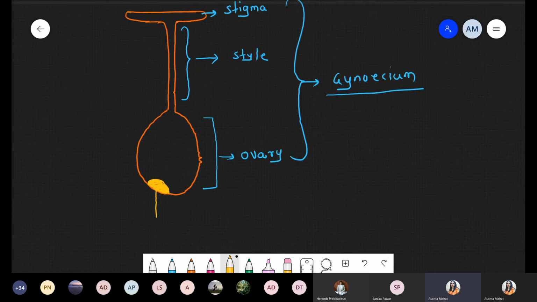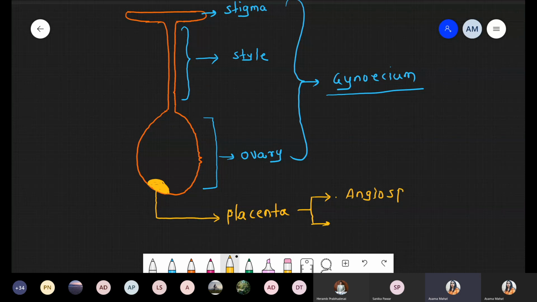This yellow color represents the structure of placenta. And remember this thing: placenta is present in case of angiosperm, the flowering plant. It is present only in angiosperm, but in gymnosperm, the non-flowering plant, it is totally absent. Got this? Placenta is a characteristic feature present in angiosperm but absent in gymnosperm.